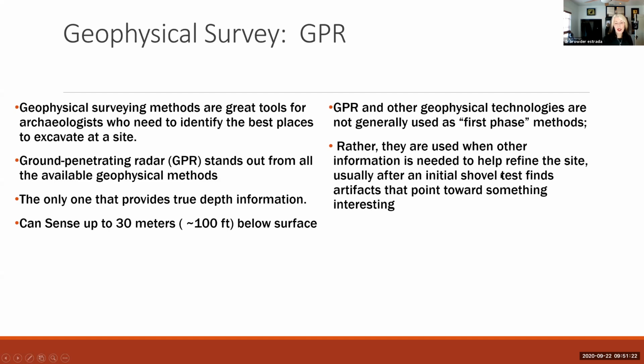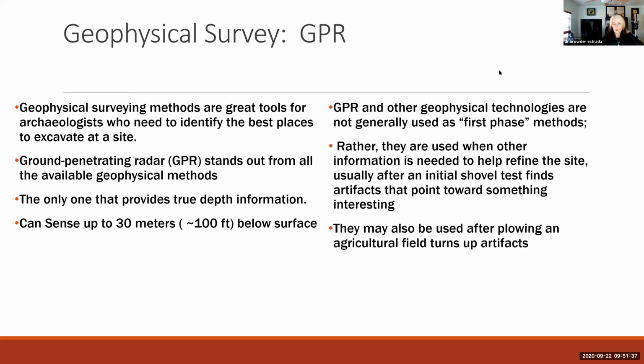So usually after maybe you're doing some shovel testing or you've cleared the surface of some of the vegetation or just the soft soil that's over the top, and you find something that points towards something more interesting. They can use GPR also, especially in places where lots of things are still going on in the area.